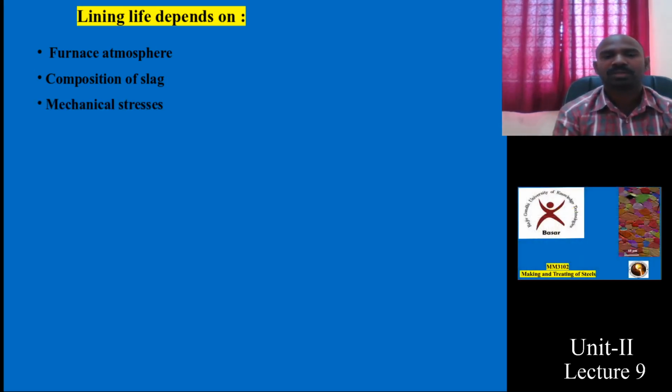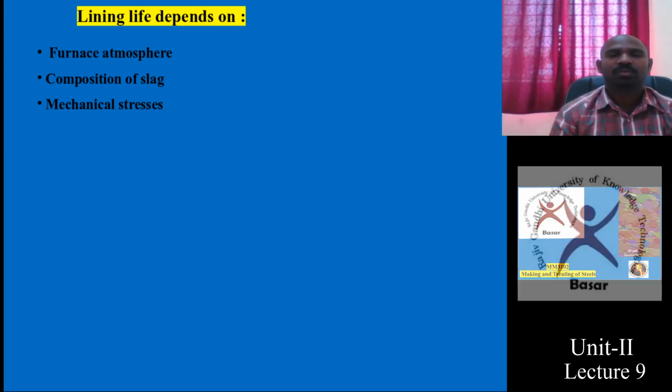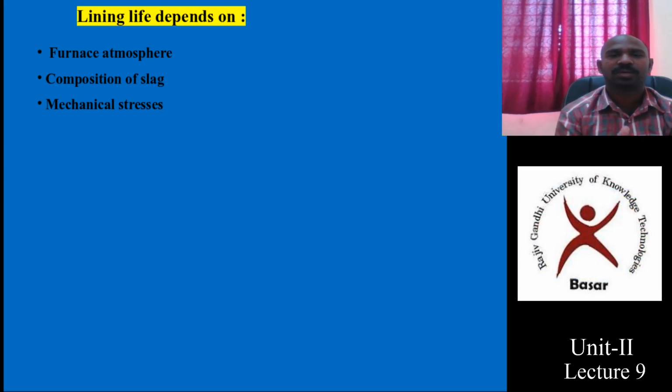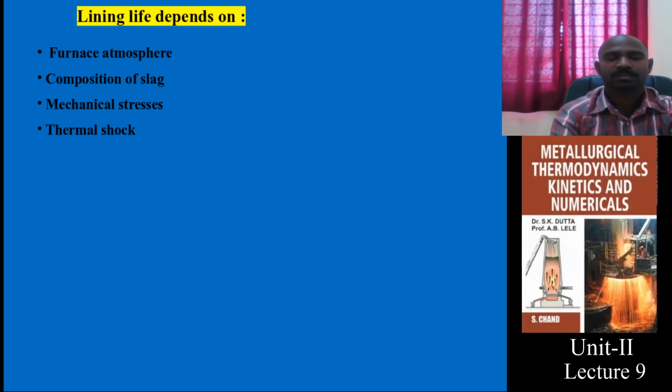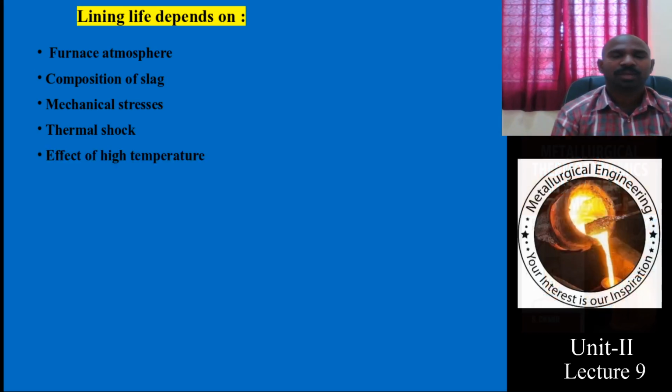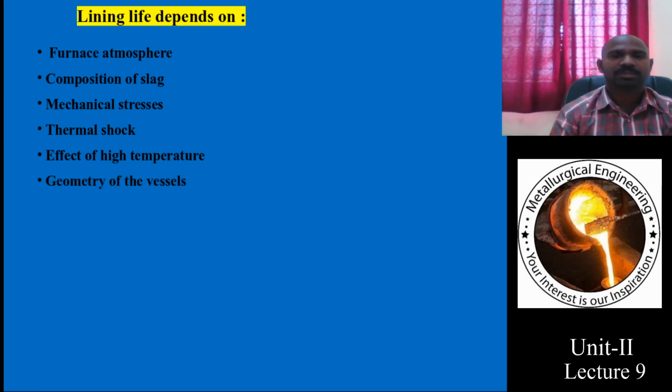Mechanical stresses, as the lancing and the vessel are subjected to a continuous combination of compressive and tensile stresses. And thermal shock, a sudden temperature change when you add other flux or steel scrap for composition adjustment. This situation may arise, with the effect of high temperature.